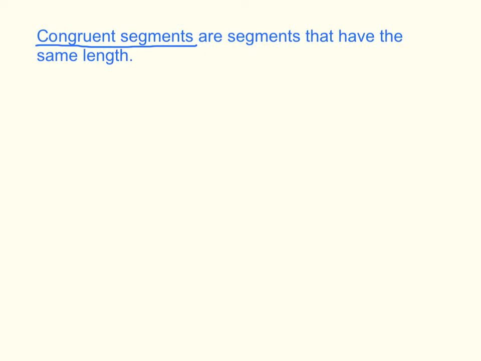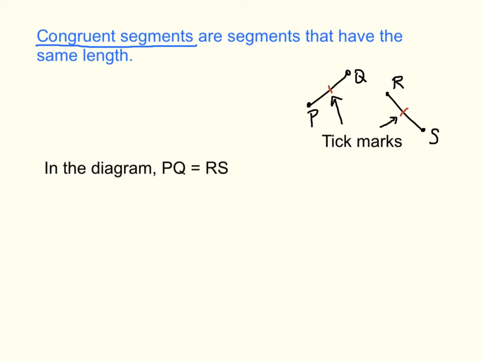Our next vocab word is congruent segments. Congruent segments are segments that have the same length. Now I'm going to draw a diagram here. In this diagram, I have two segments, PQ and segment RS. So I'm going to say that PQ is equal to RS. Now, notice how I wrote this.